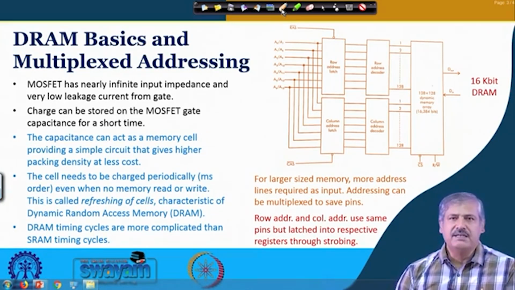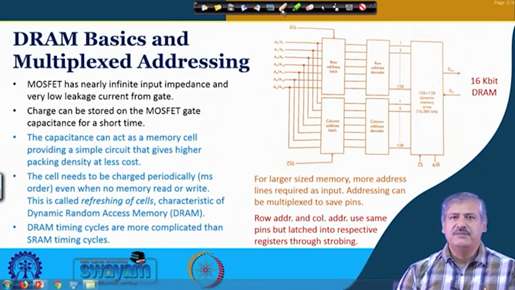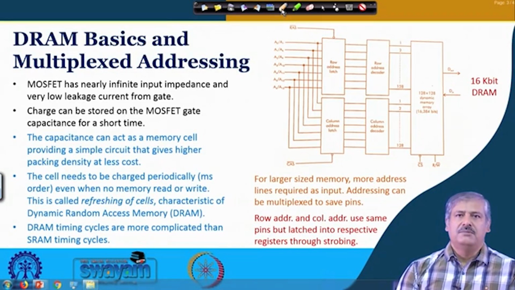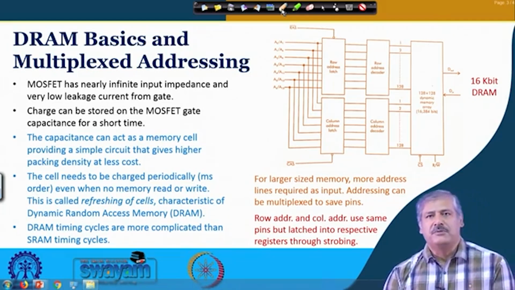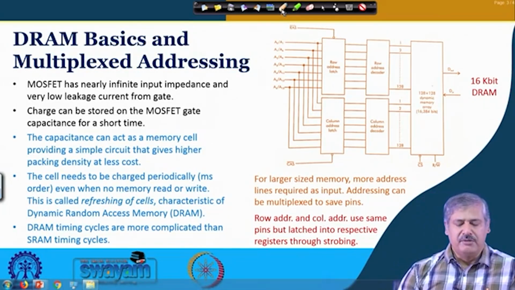So, the leakage current at the gate is very small. So, the parasitic capacitance at the gate of the MOSFET can be used to store charge for a short time. Of course, there will be small leakage, but for a short time it can be stored, and that can be used for storing binary information.